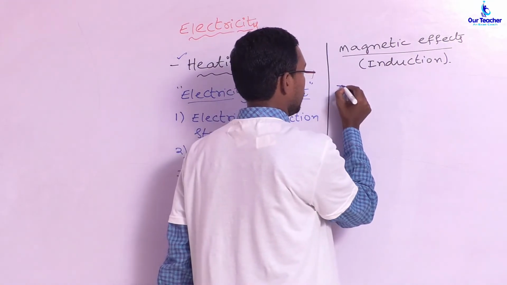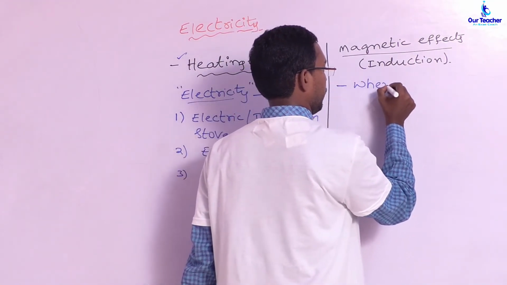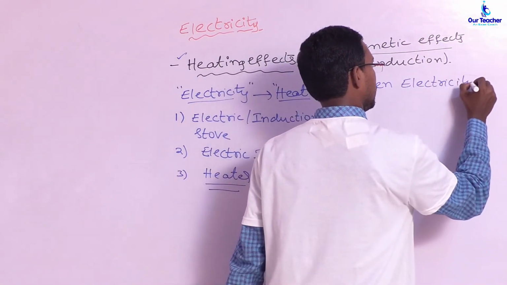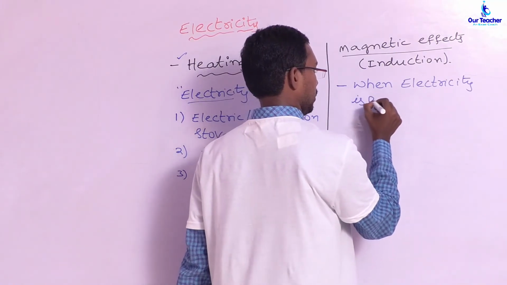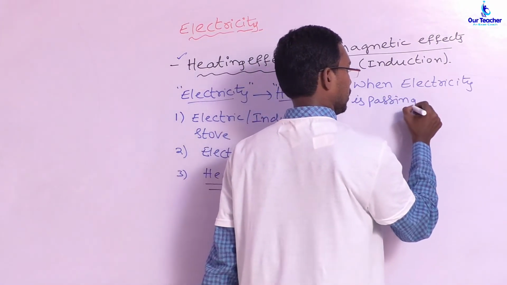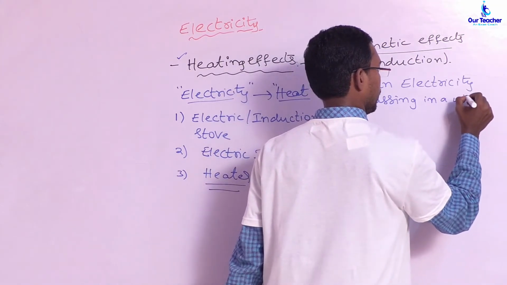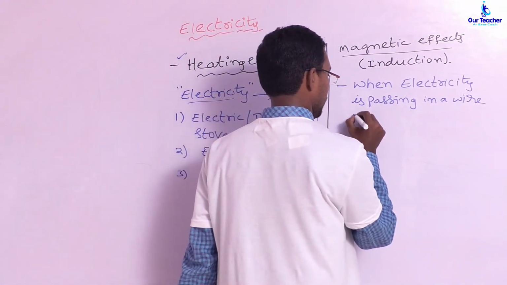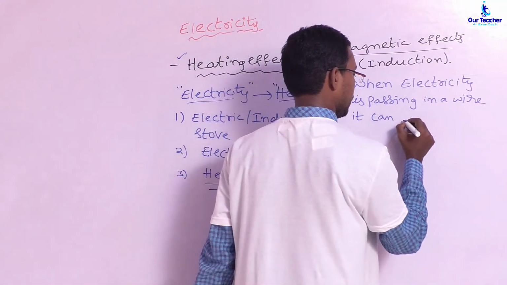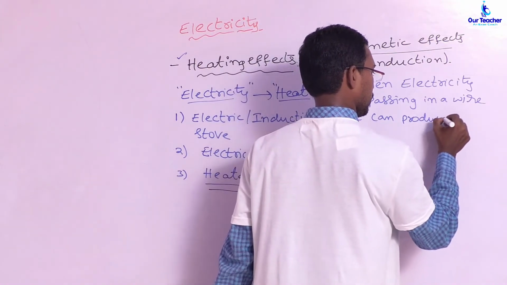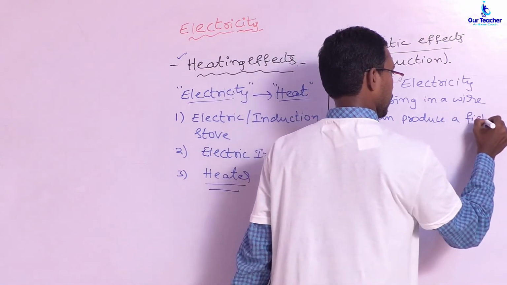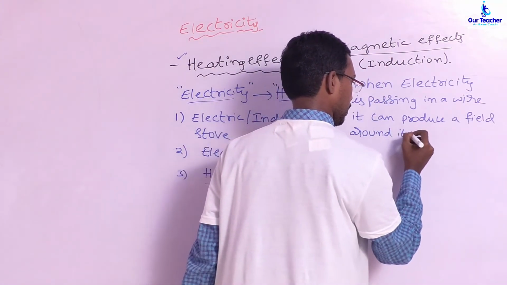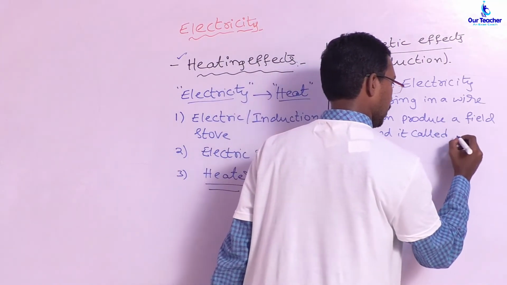So we can say when electricity is passing in a wire, it can produce another field known as magnetic field. It can produce a field around it called magnetic field.